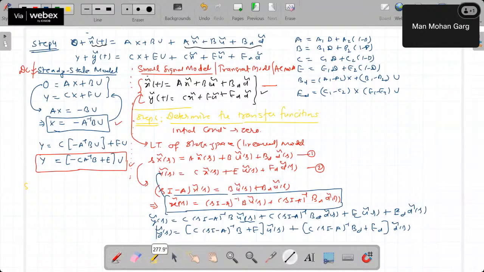So we can also box it. This is also very important. So this is also boxed. Now this equation is also important.